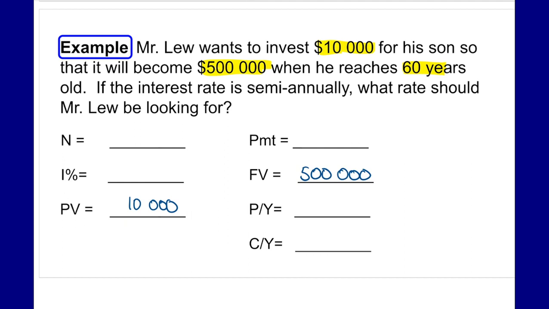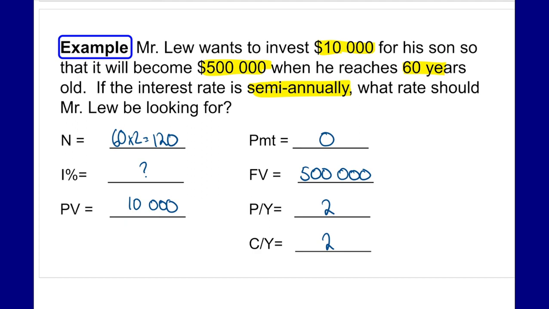If the interest is compounded semi-annually, what rate should he be looking for? So compounding periods will be semi-annually, which will be twice. Payments per year will be twice. PMT is 0. I, we don't know. N is the total number of periods. So in this case, 60 years times twice a year equals 120.